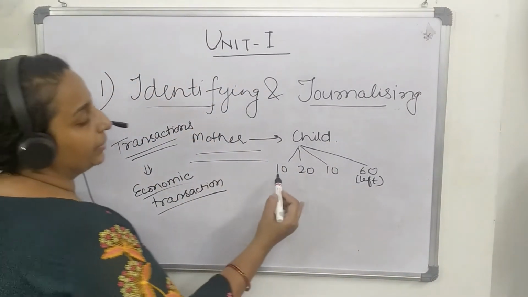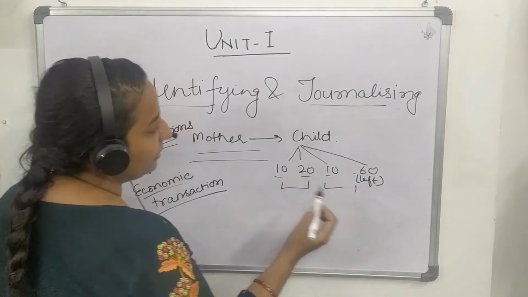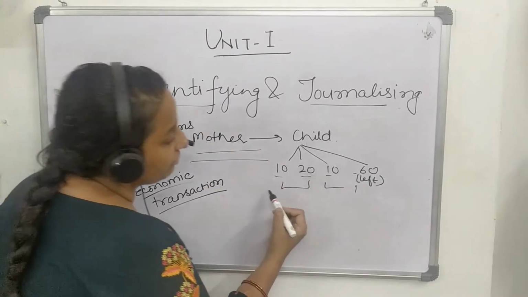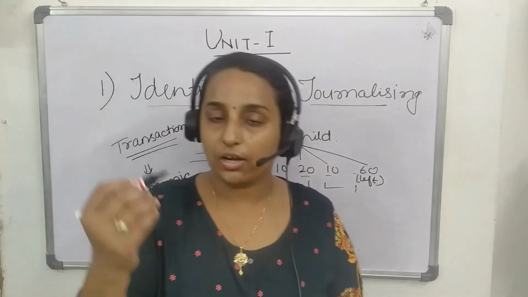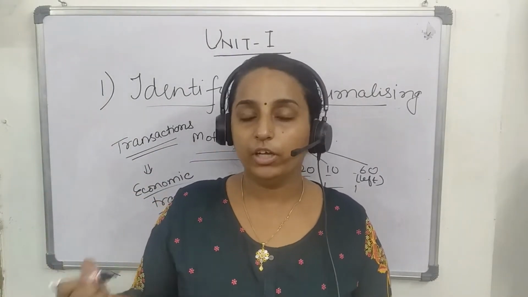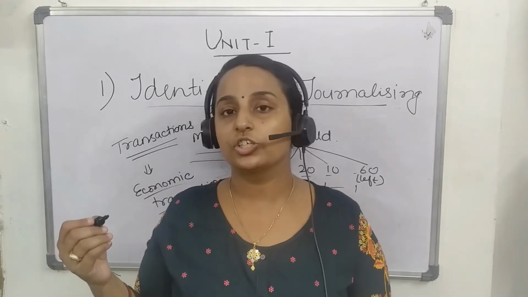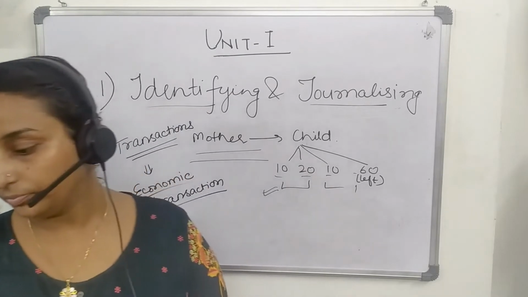In this example, these economic entries will be recorded. For being recorded, these need to be firstly identified. Then a journal entry will be passed for each and every economic transaction and will be recorded accordingly.